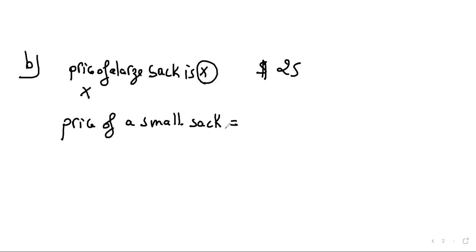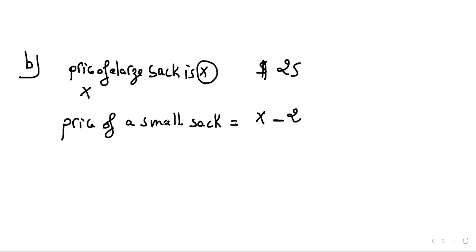Here they said that the price of a small sack costs $2 less than a large sack. So if the price of a large sack is X, the price of a small sack is X minus 2, because it's less than that price by $2, right?